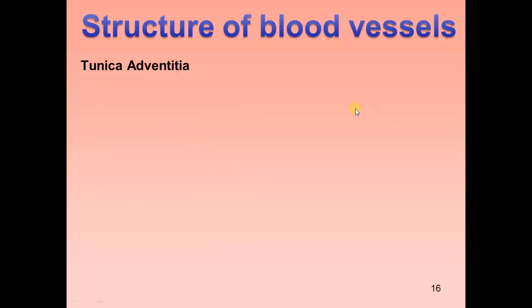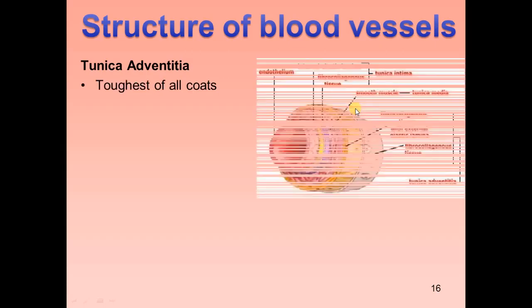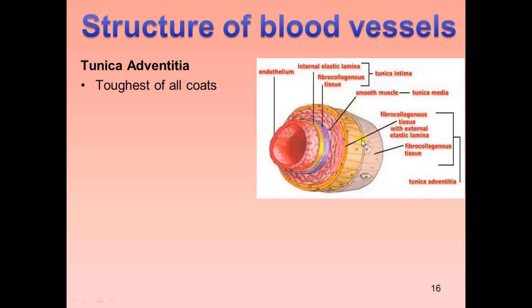The next outermost coat, or the toughest coat, we call the tunica adventitia, the outermost coat. Here you come across collagen fibers and elastic fibers, with more elastic fibers in elastic arteries.